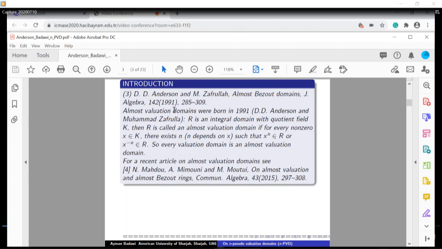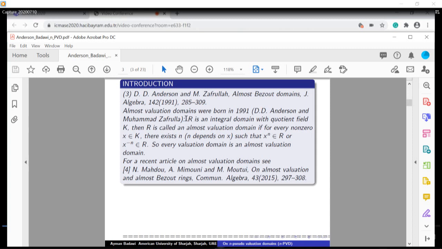In 1991, Dan Anderson and Muhammad Zafrullah introduced, in this paper here, the almost valuation domain. Let me remind you of the definition.